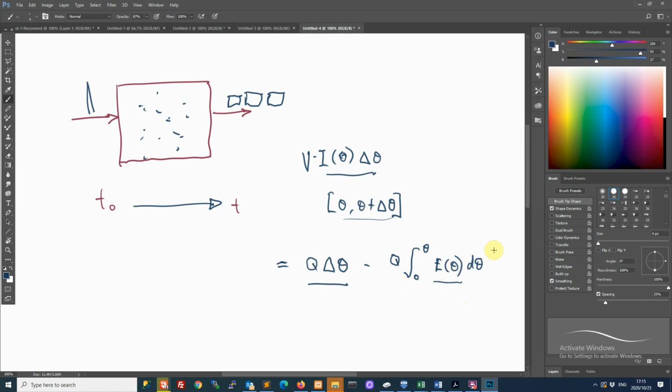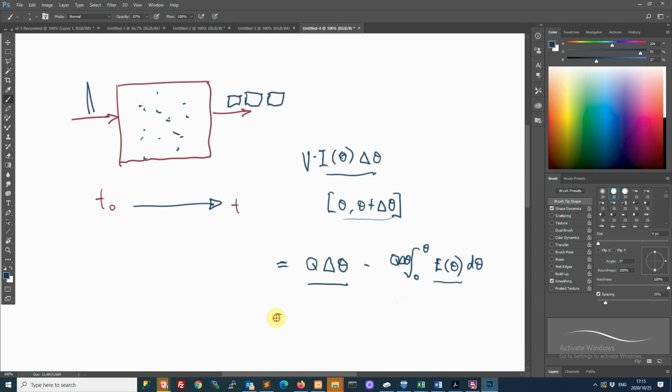So we could simply integrate this, and that would tell us the fraction of fluid elements that exited the reactor. So that fraction times that flow tells us how much has exited the reactor. And then, of course, we have to multiply this by delta theta because that's a fraction, but we need to multiply by the number of fluid elements that exited also.